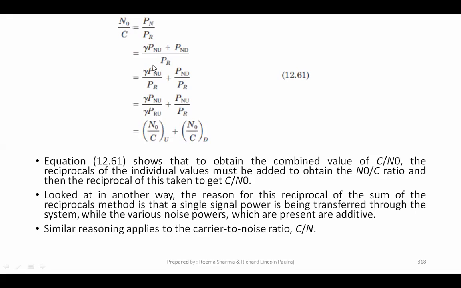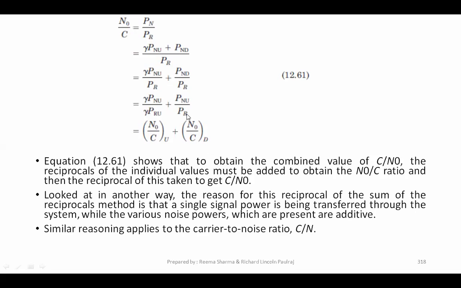After a simple simplification, we arrive at N naught by C. So ultimately we have a ratio of noise to carrier instead of carrier to noise. We individually find out for the uplink and for the downlink and combine them both.